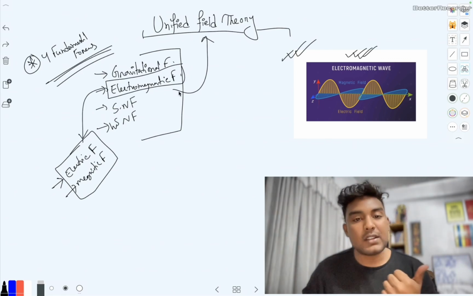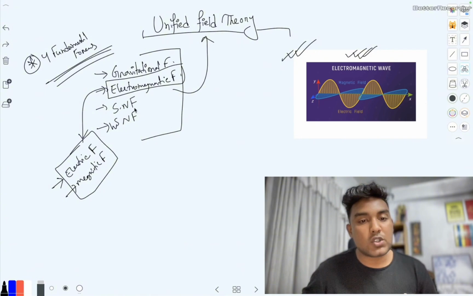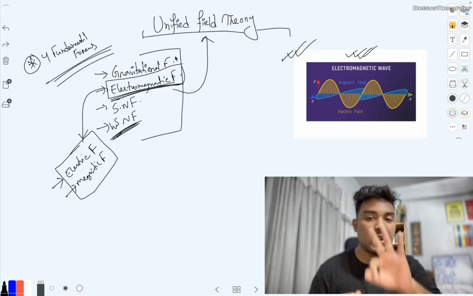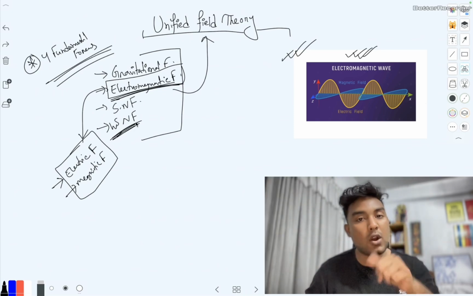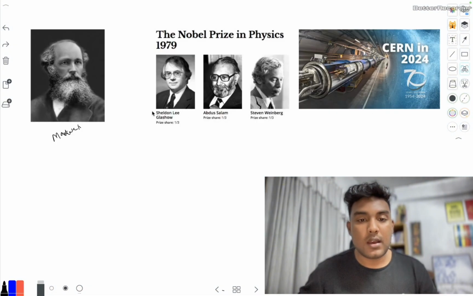After that, we need to combine weak nuclear force and electromagnetic force together. For this approach, three scientists came and discovered one of the finest things, and they got the Nobel Prize. They are Glashow, Abdus Salam, who is from Pakistan, and Weinberg.